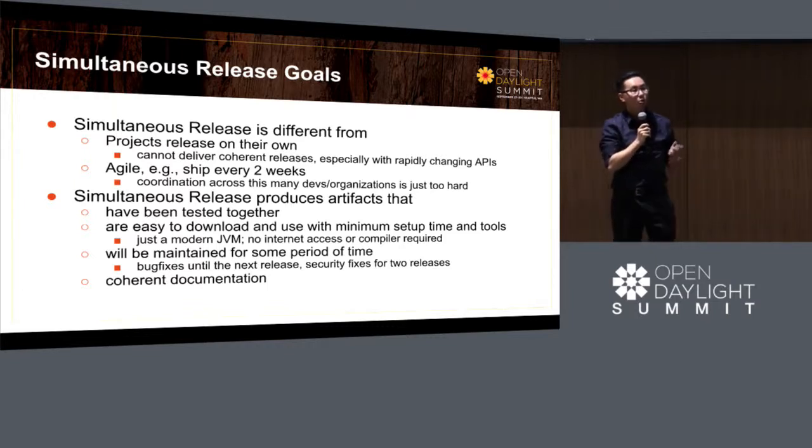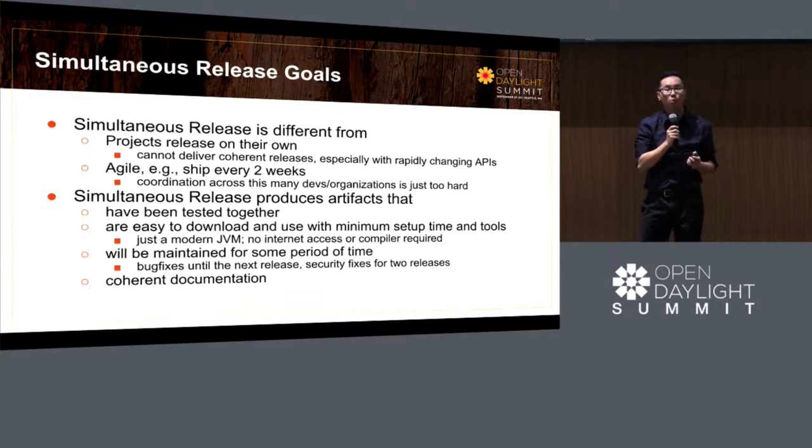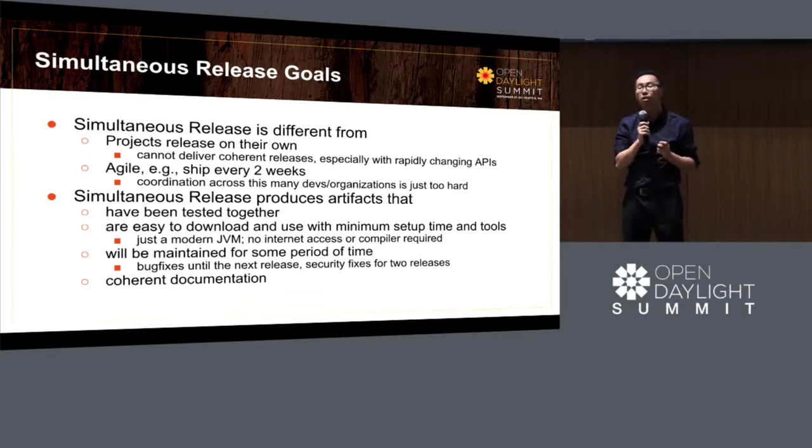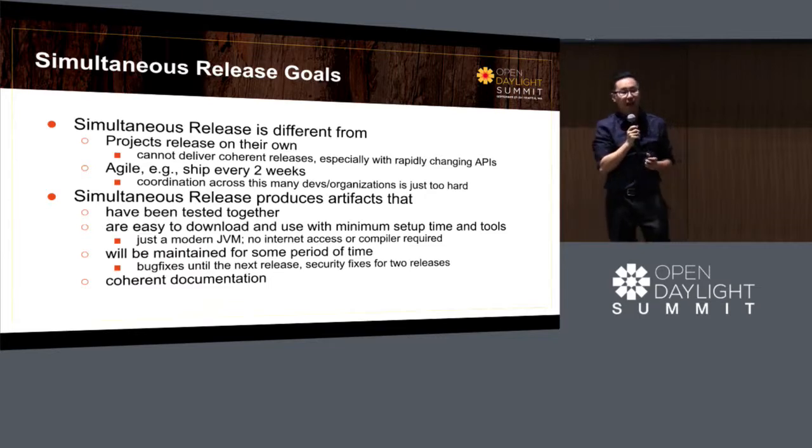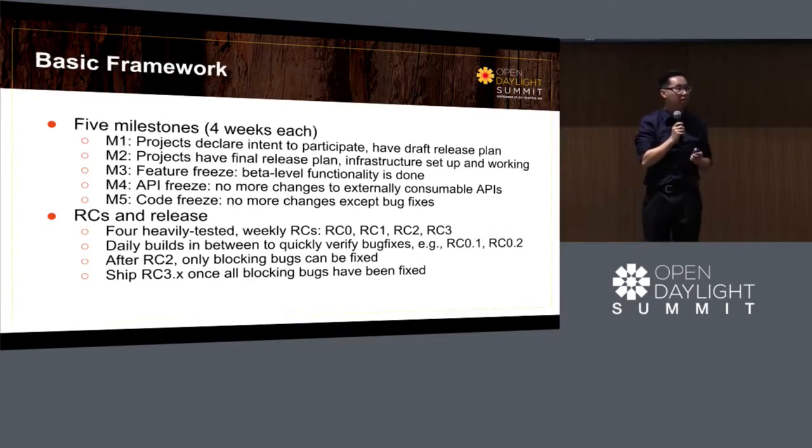So instead, we decided to go with a framework called the Simultaneous Release Framework. And in that framework, we basically release projects every 6 months, give or take. And our 6-month releases are broken up into 4 stages.